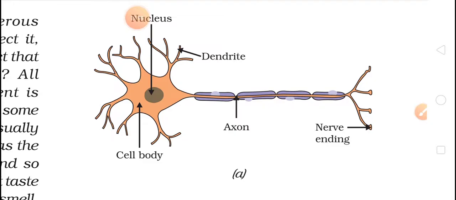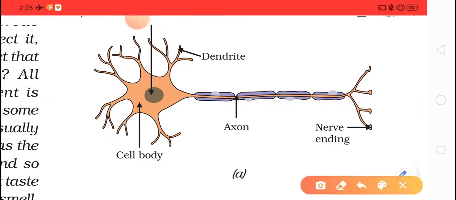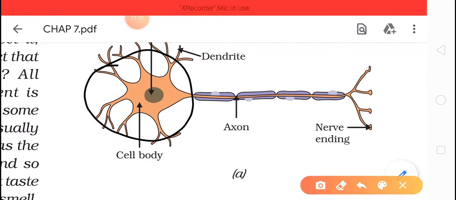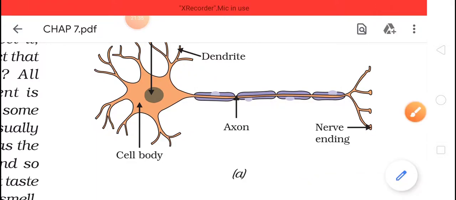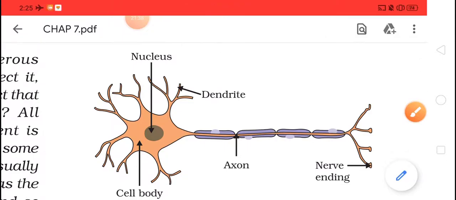In your neurons you have a few things. You have dendrites, you have the cell body, and you have the axon. First of all, your neuron is divided into two parts, the cell body and the axon. The cell body is made up of again two things.